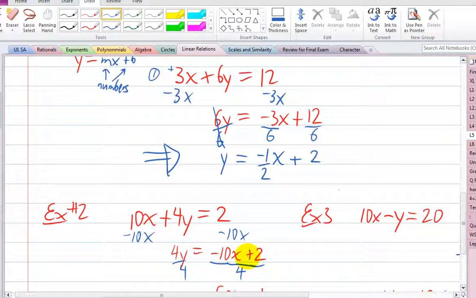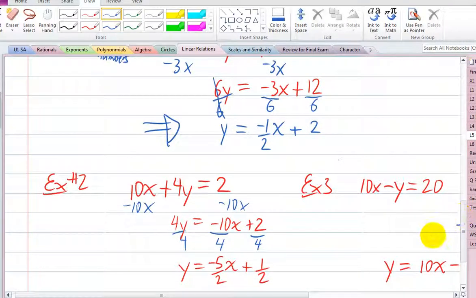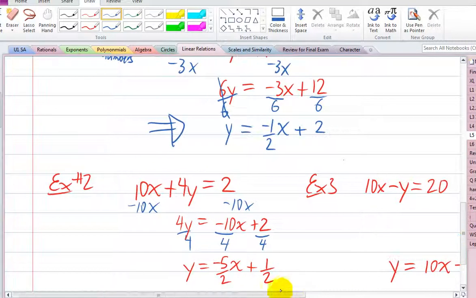That's really what you're doing, but you need to treat it as 2 separate divisions. And so your final answer, y equals negative 5 over 2x plus 1/2. Hands up if you got that.